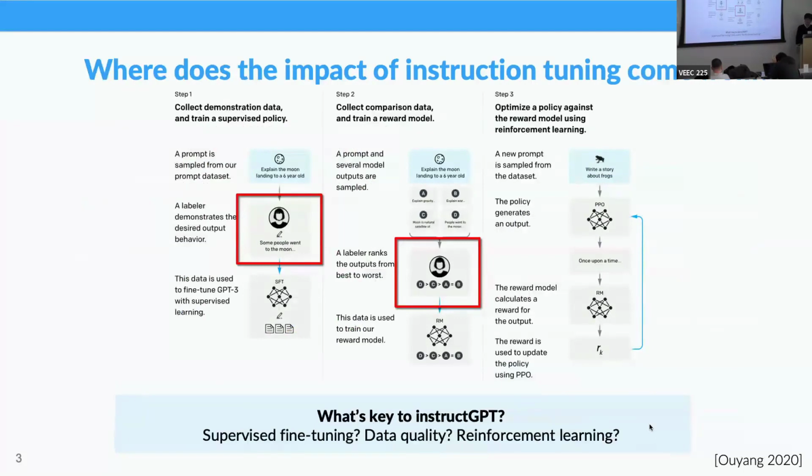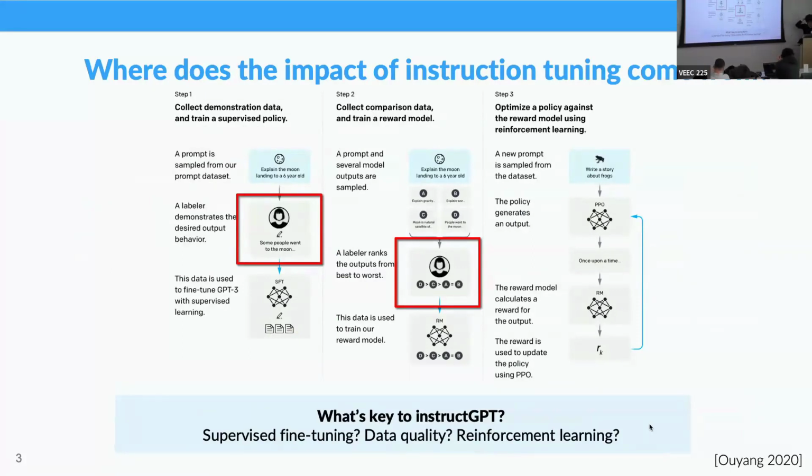I guess more than a year ago now, there was active debate about what really mattered in things like Text Da Vinci 3, or at least in my mind, there was a lot of uncertainty. There was supervised fine-tuning happening. Obviously, we didn't know what data they were using to do that, so maybe the data quality was really good. Maybe the RLHF was somehow magic sauce.